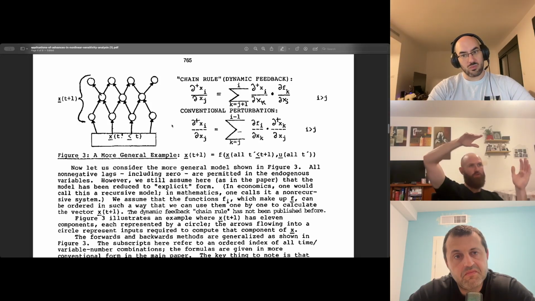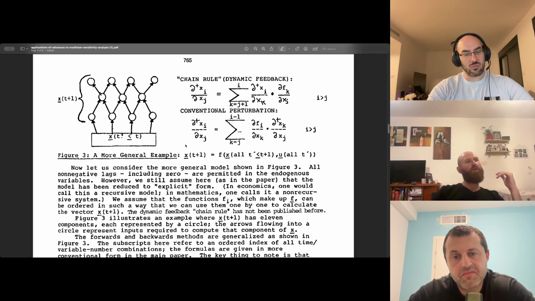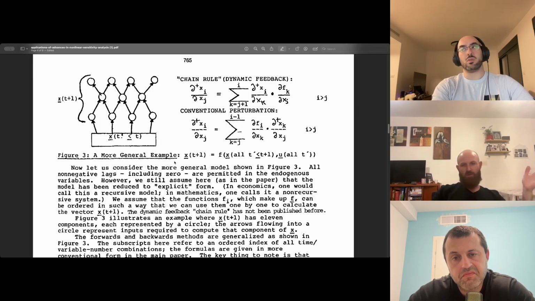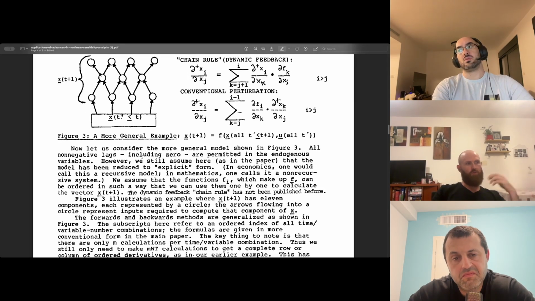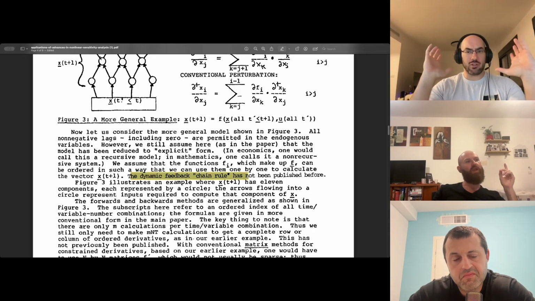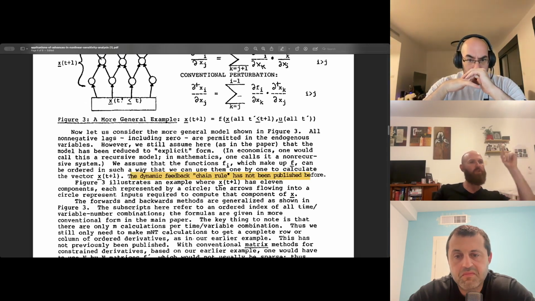It's called chain rule, like backward propagation. And the forward pass, he calls it conventional perturbation. So you change, that's what they used to do up to, again, till his work. So to me, this just generalizes what we discussed prior. Well, let me try. He even claims the dynamic feedback chain rule has not been published before.